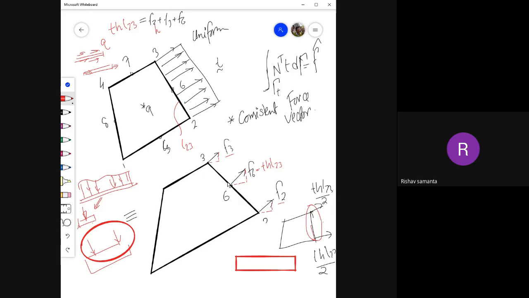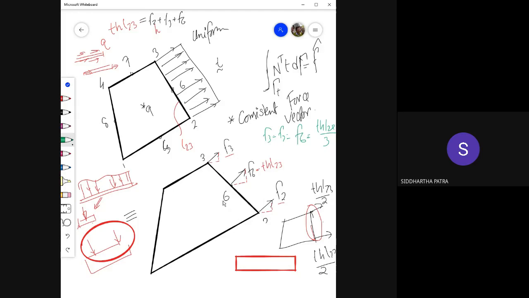Sir, will all of them be the same? That can be an assumption, okay. I was just waiting for this answer, that f3 equals f2 equals f6 equals the total force due to traction divided by 3.